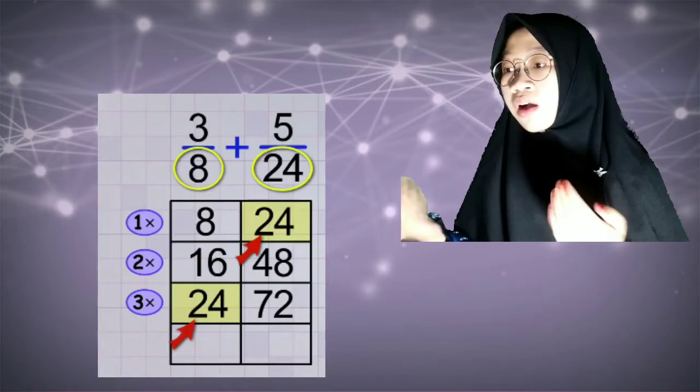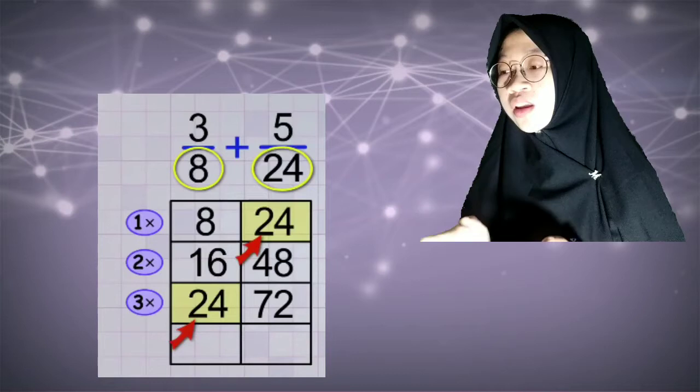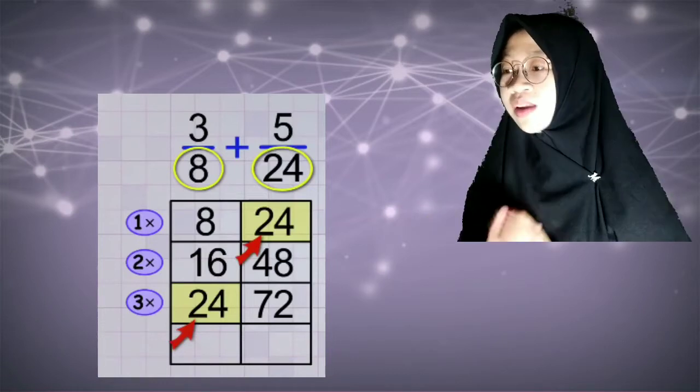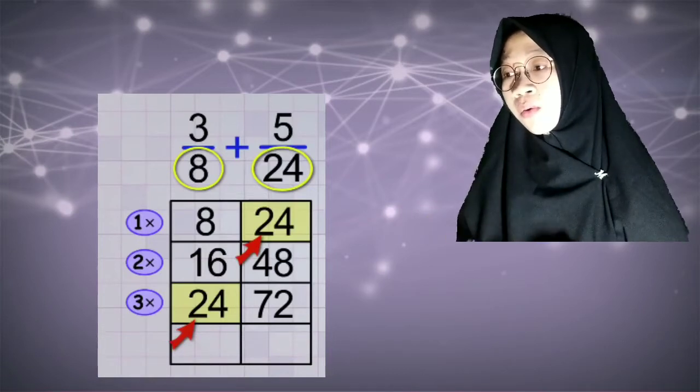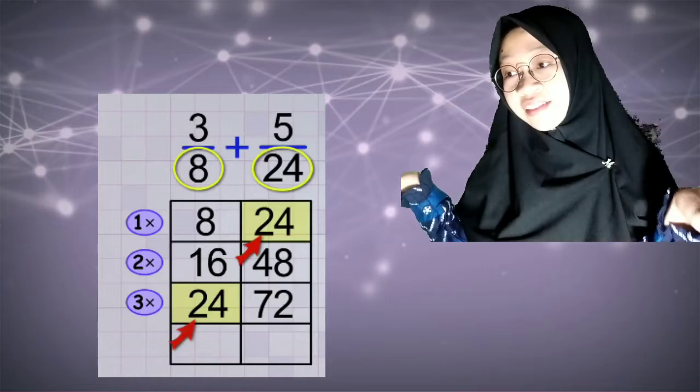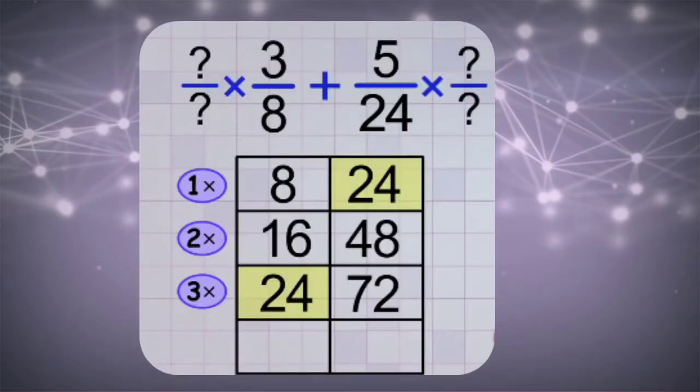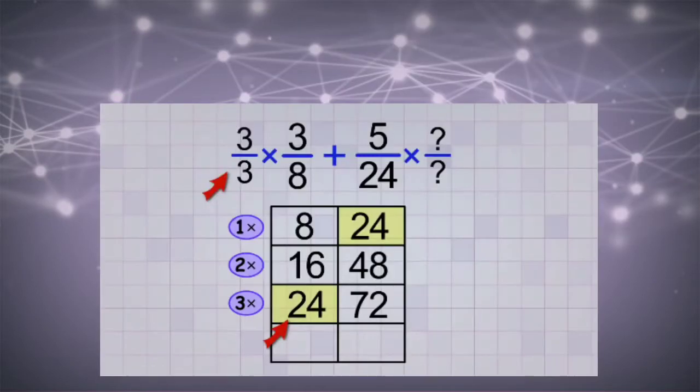So, now we know we are going to use 24 as our common denominator. But what whole fraction do we need to get it? The answer lies in our multiples chart. To get our common multiple, we had to multiply our 8 by 3. So, we're going to use the whole fraction 3 over 3 for our first fraction.